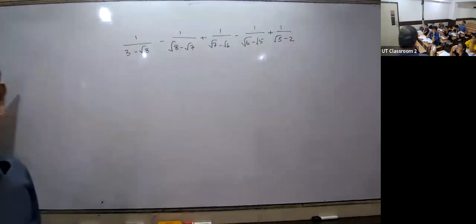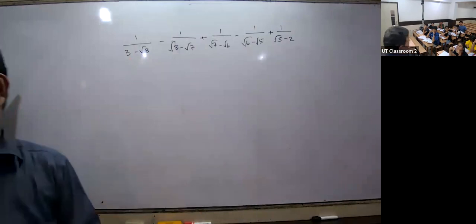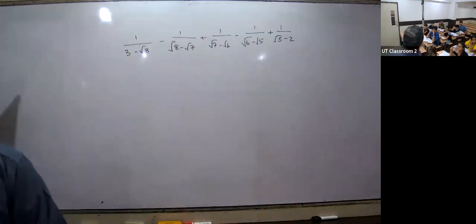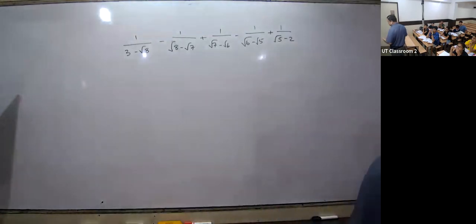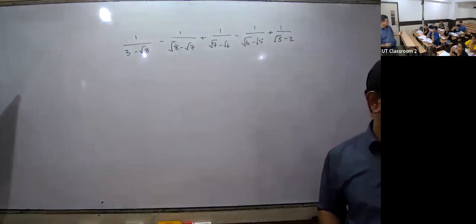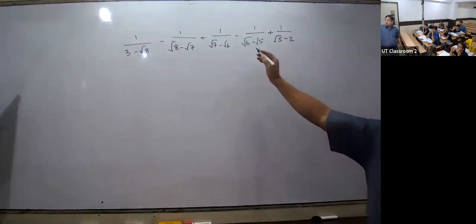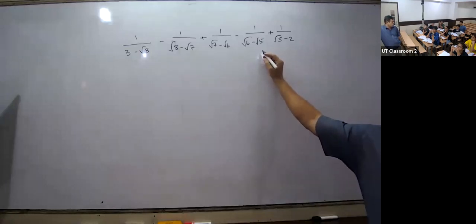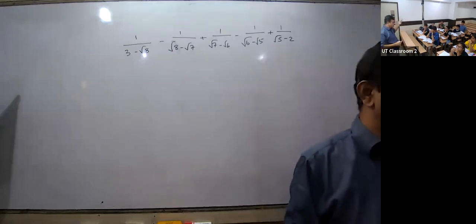If it is 3 minus root 8, to rationalize you multiply and divide by 3 plus root 8. A minus B, what is to be multiplied? A plus B. Understood? If it is root 6 minus root 5, what do you multiply and divide by? Root 6 plus root 5, then only the roots will go from the denominator.